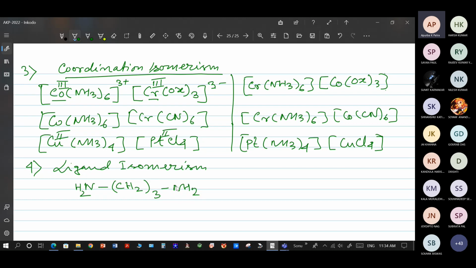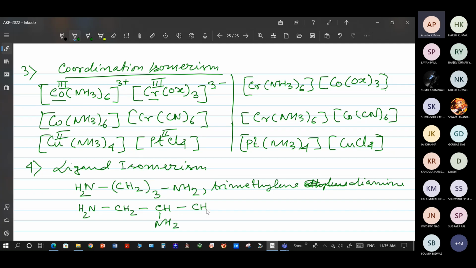So this is known as trimethylene diamine. And another one we can think of, if we just draw in this way, CH2 and then CH, NH2 and then CH3.